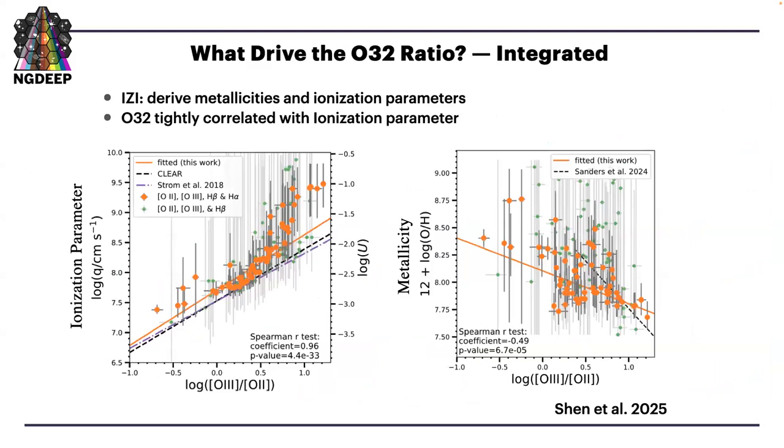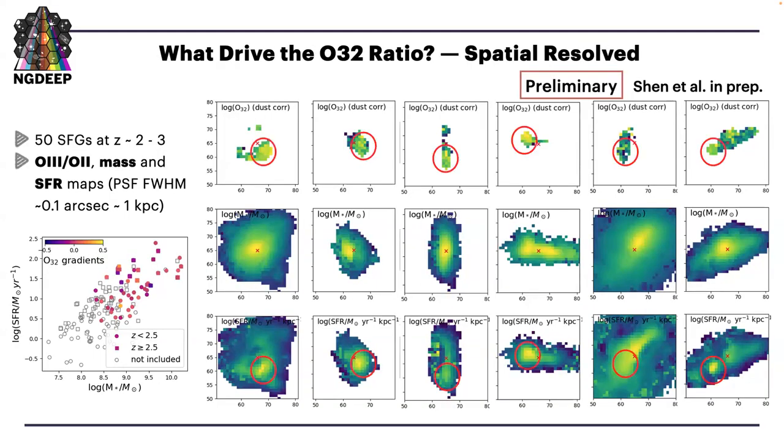What I want to point out here is that the regions with a high O32 ratio, or where the O32 ratio is detected in our map, we also see a very high star formation rate, and the same here. But this is not correlated with any stellar mass, and this region is correlated with this region.